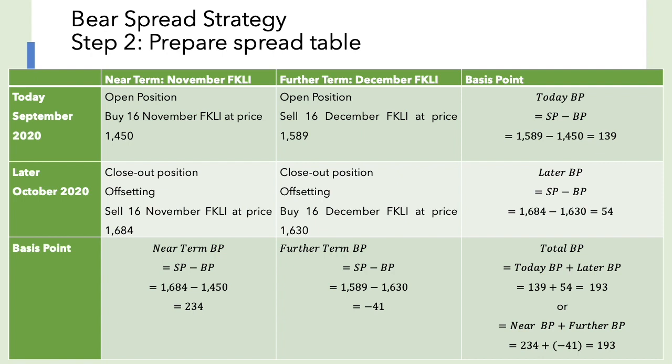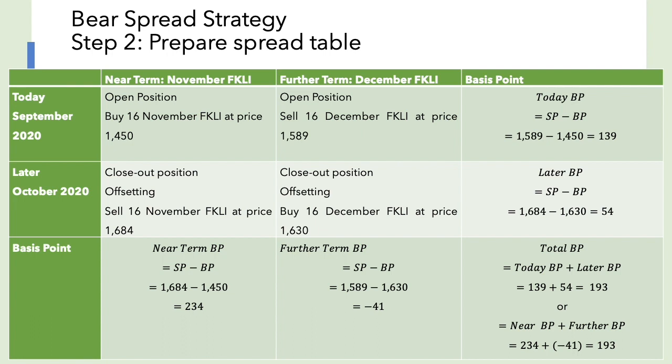Step number 2, you need to prepare the spread table. So you have two columns, a near-term column for November FKLI and a further-term column for December FKLI. Today, for November FKLI, you buy 16 contracts, and for December FKLI, today you sell 16 contracts at price 1589. Later on, you need to close out your transaction in October.